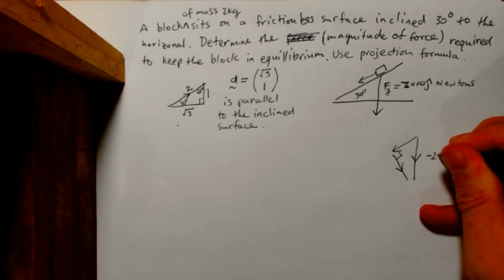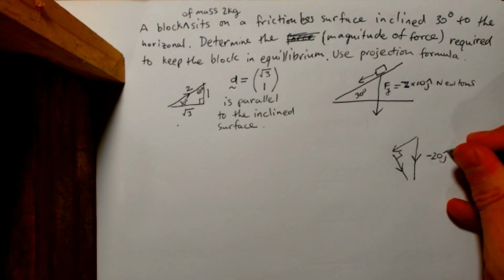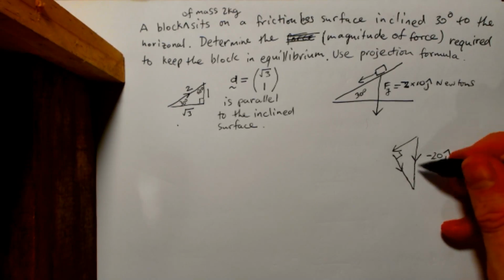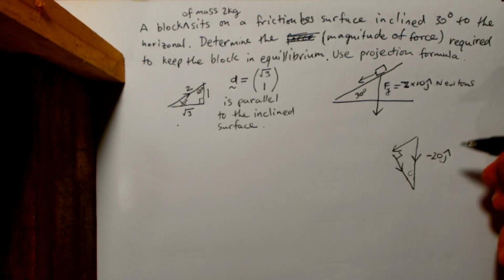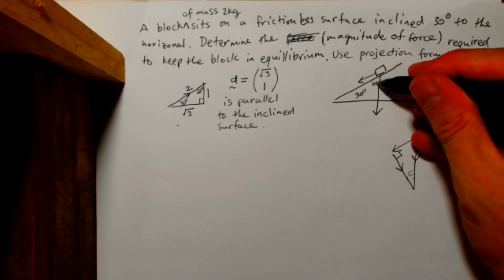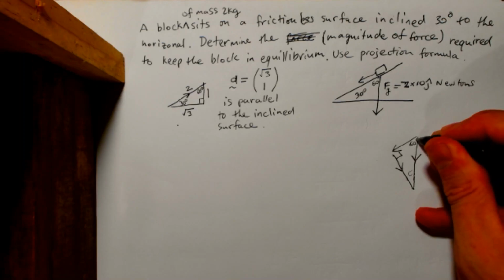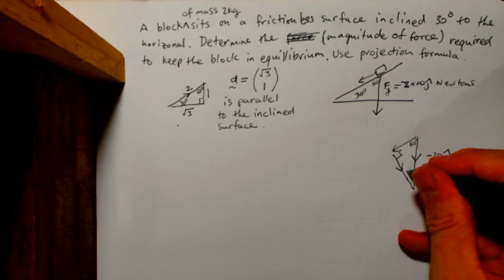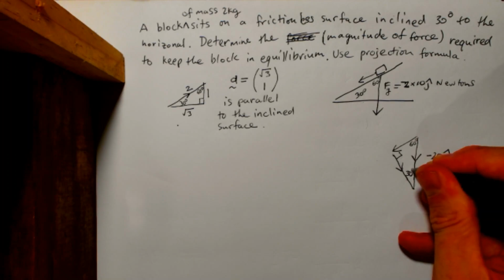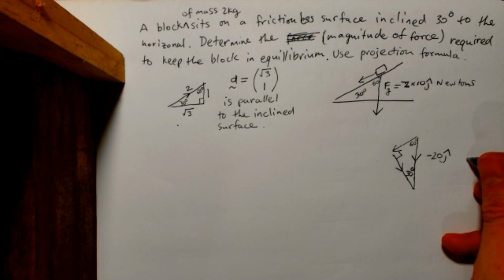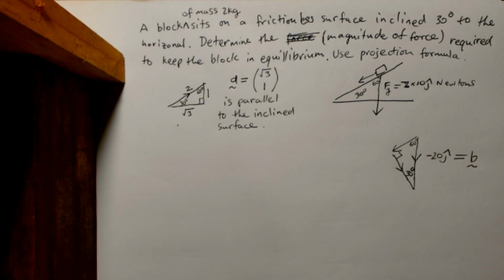So here we've got minus 20 j hat. Now what we need to do is work out what this angle down here is. So we see we must have 60 degrees there. And this down here has to be 30 degrees. Okay, now I'm going to call this one B. We've already called it FG, but I'm going to rename it B now.